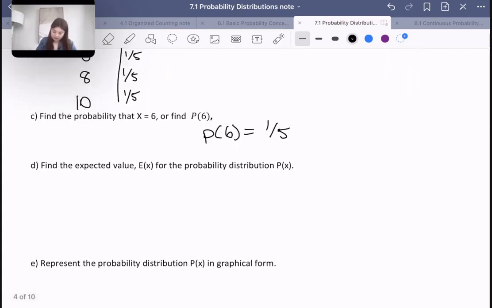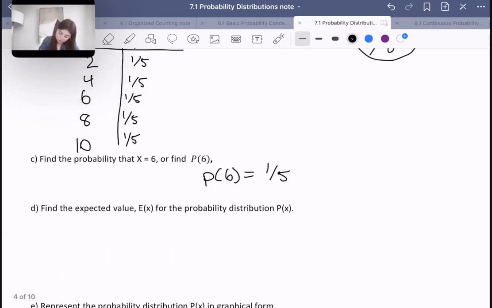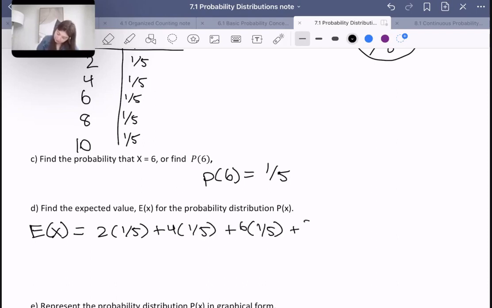And then now they're asking us to find the expected value here. So what do we need to do? The expected value is going to be 2 times 1/5 plus 4 times 1/5 plus 6 times 1/5 plus 8 times 1/5 plus 10 times 1/5.